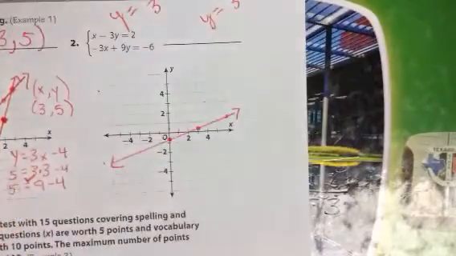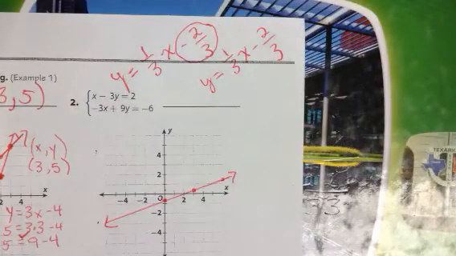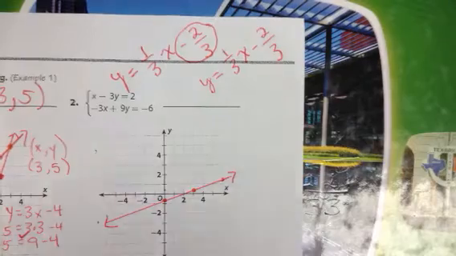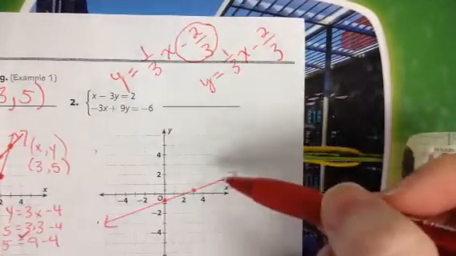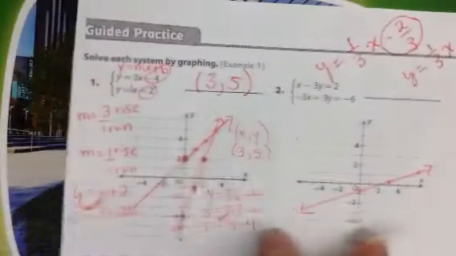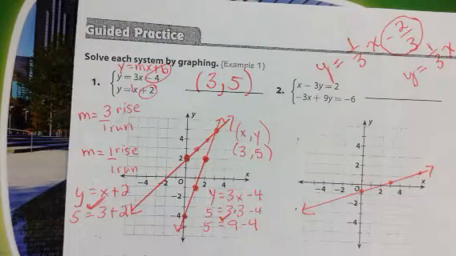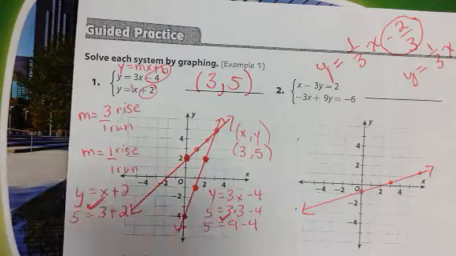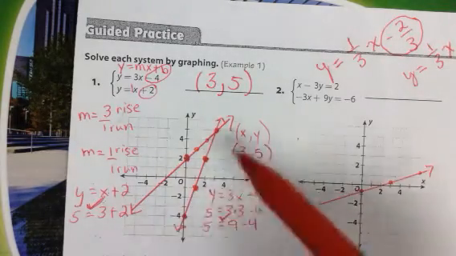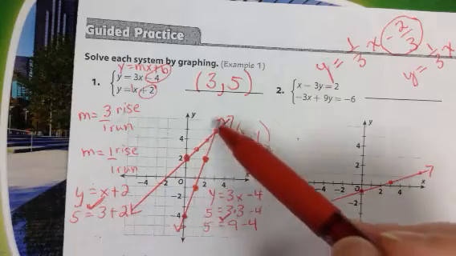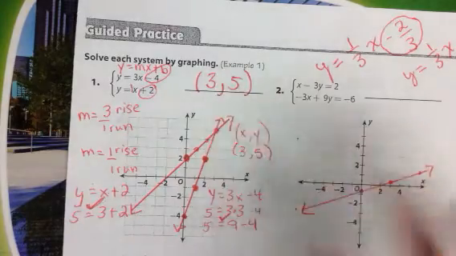Okay, so these two equations were exactly the same. So I don't really want to graph another line on top of this one, but remember that for systems of equations, they're wanting the solution, or they want the point where the lines meet. So this first set of lines only had one solution because it's crossing at that one spot, 3, 5.